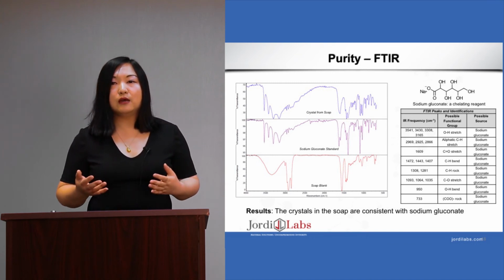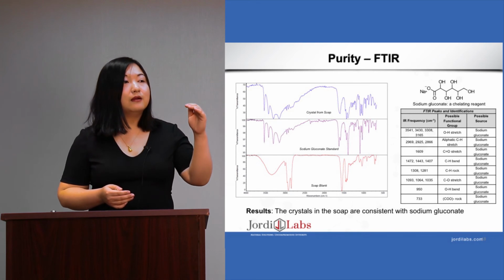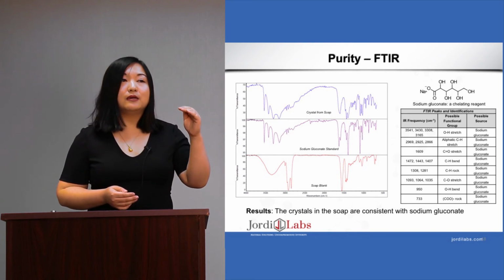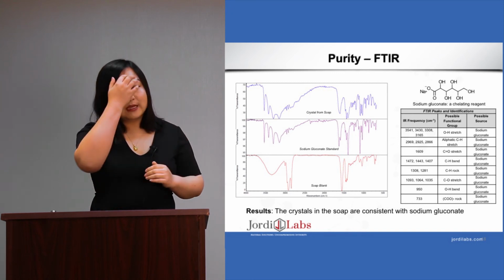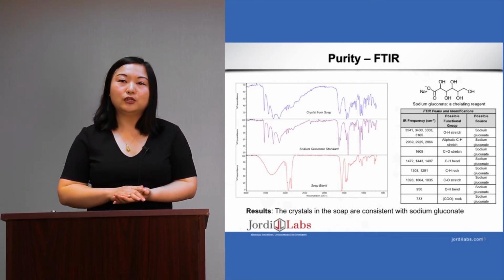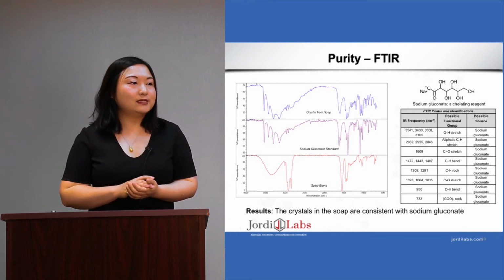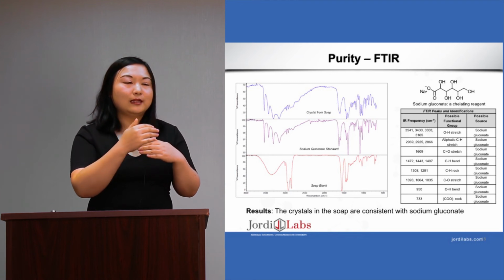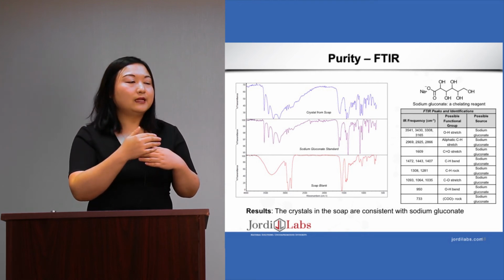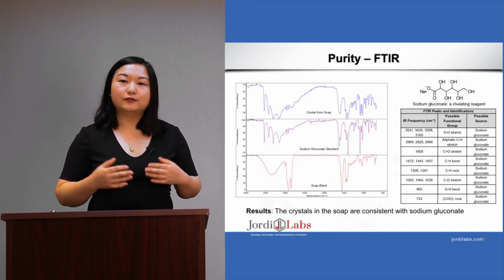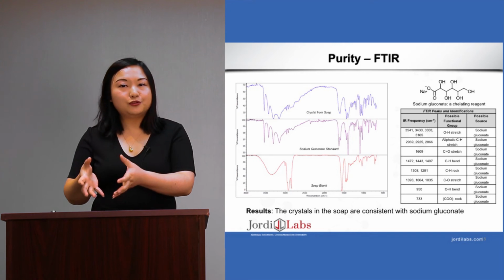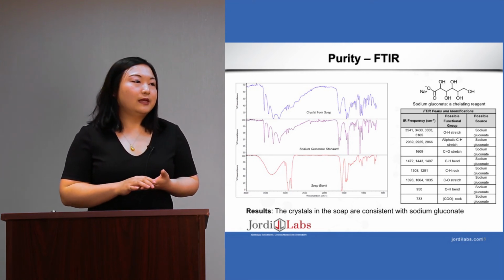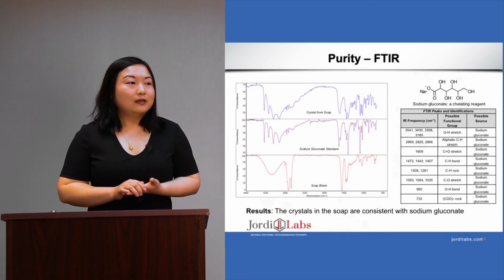So the crystal is something else, and then we compare our spectra with our library, which contains over 20,000 different compounds, and we found a good match, which is sodium gluconate. As you can see, the sodium gluconate spectrum matches perfectly to the spectrum we obtained from the crystal-looking suspicious particles, both in the fingerprint region and the region over 3,000.